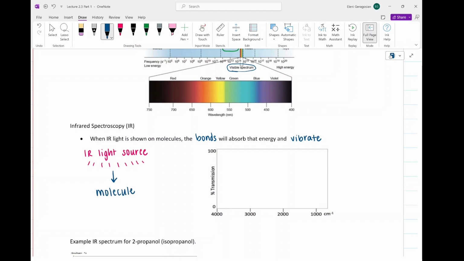That molecule will absorb some of that IR light, whatever the bonds in that molecule can absorb. And then whatever is not absorbed by that molecule is detected by a sensor or detector. And then the detector will produce some readout.